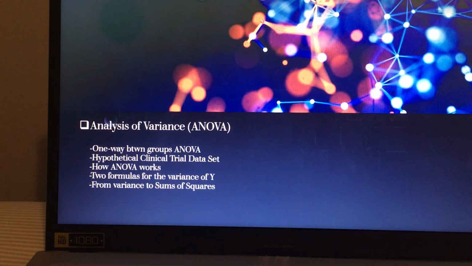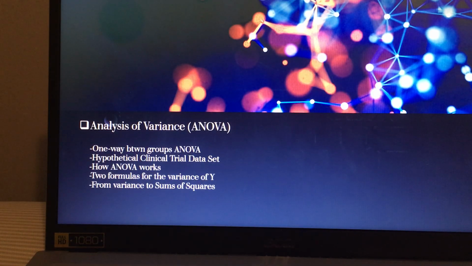This is just a graphical illustration of the between groups variation in panel A, and then the within groups variation in panel B. So on the left, the arrows show the differences in the group means, and then on the right, the arrows highlight the variability within each group.